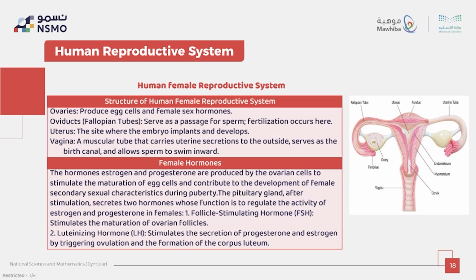And we have LH, which triggers ovulation and formation of the corpus luteum. Okay, the female reproductive system is not only about producing eggs. It's a complete system for transport, development, and hormonal control.